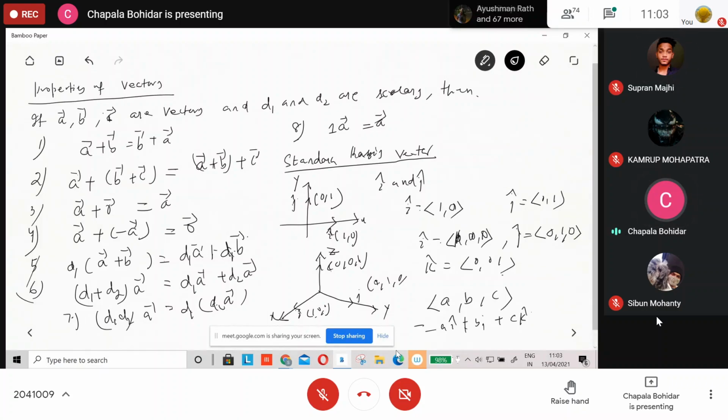Yes, it is the unit vector of A, where vector A is not equal to 0, then the unit vector is equal to A vector by the absolute value, the magnitude. Okay. So now here we come to the application part.